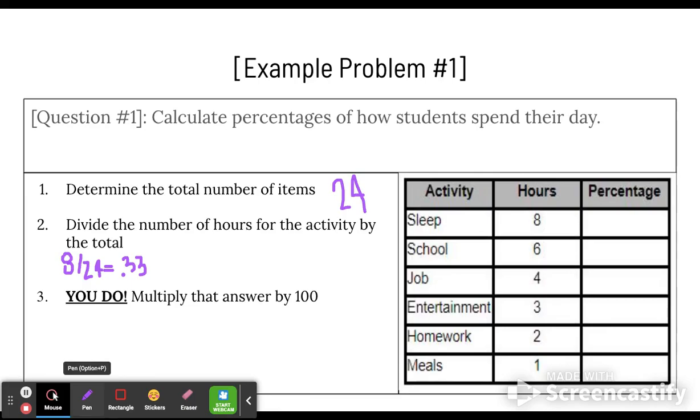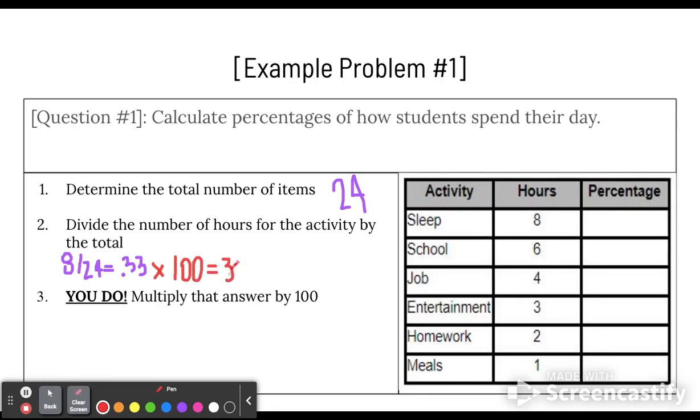And then you are going to go through and multiply each of those answers by 100. So again, I'll do this one for you just so you can see it. We're going to take that 0.33 times 100, which is going to give us 33%.